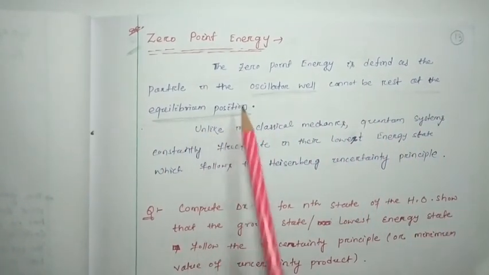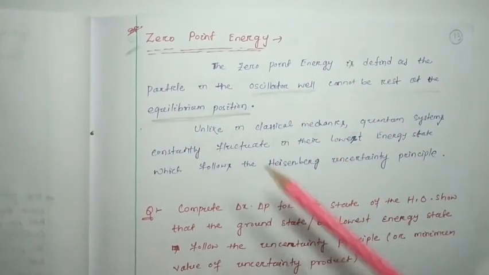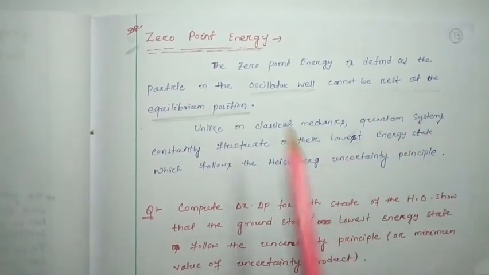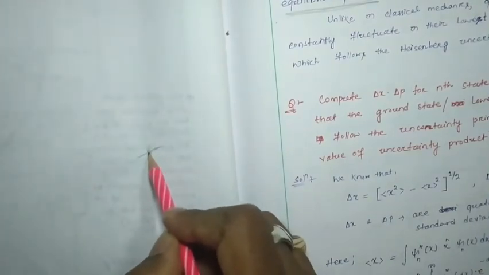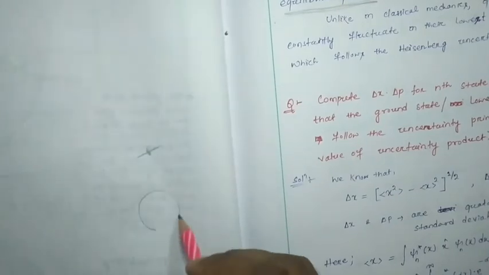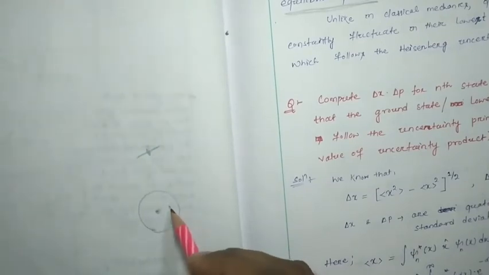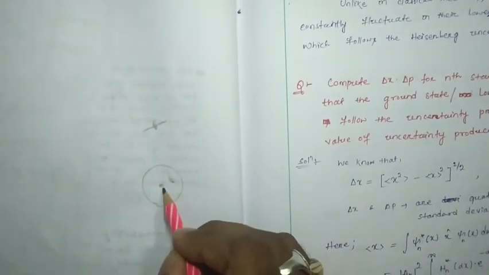So if we say the equilibrium position means one type of steady state, but in the case of a quantum mechanical harmonic oscillator, equilibrium position does not mean rest. Take the hydrogen atom: this is the nucleus, and the electron will be found with maximum probability at Bohr's radius, that is a0.